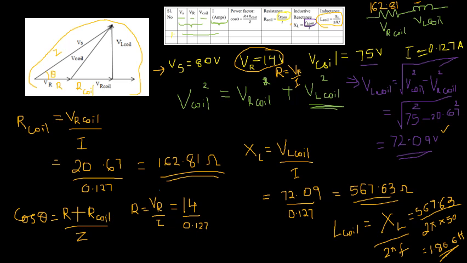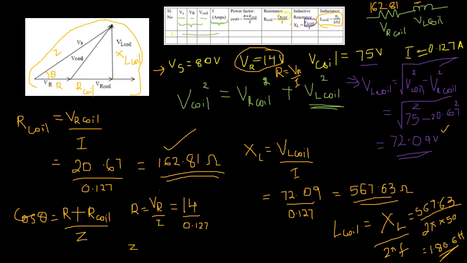Similarly, I calculated the value of R coil, which is 162.81 ohms. Similarly, calculate the value of Z, because I know the value of XL of the coil over here.